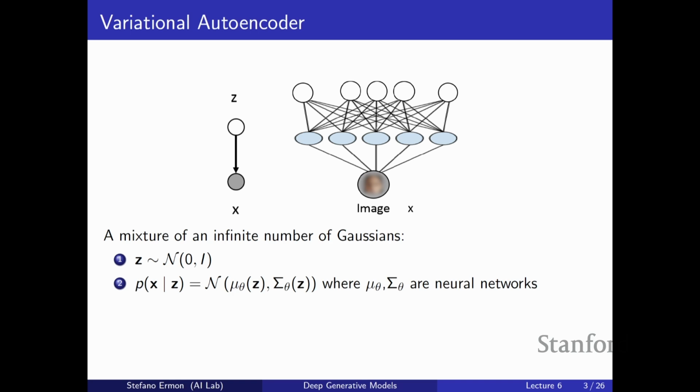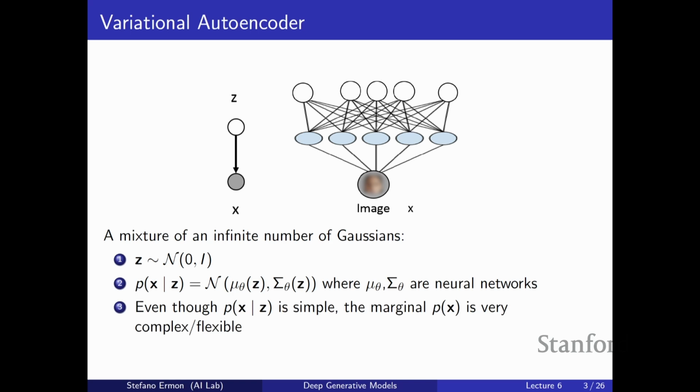The nice thing about this kind of model is that even though the building blocks are very simple, a simple Gaussian prior p of z and a simple conditional distribution p of x given z, which is again just a Gaussian, the marginal distribution over x that you get is potentially very flexible and general.